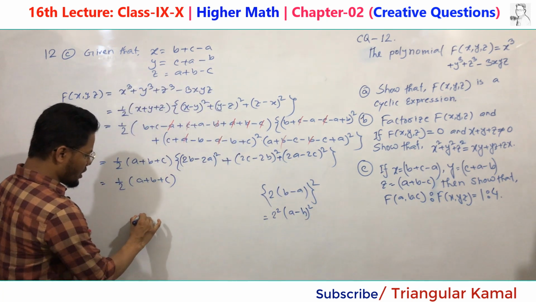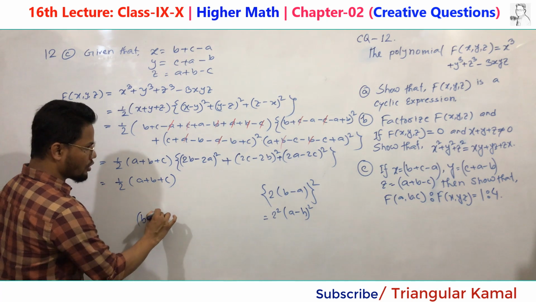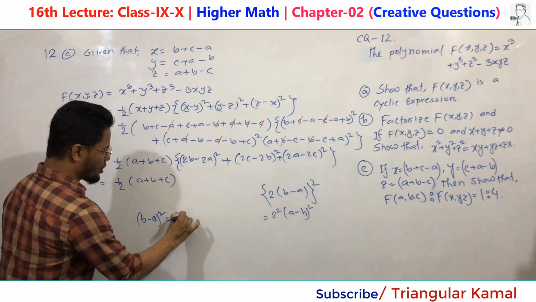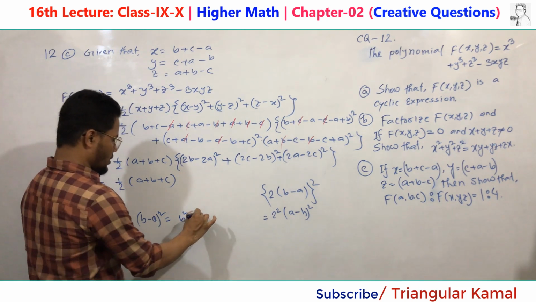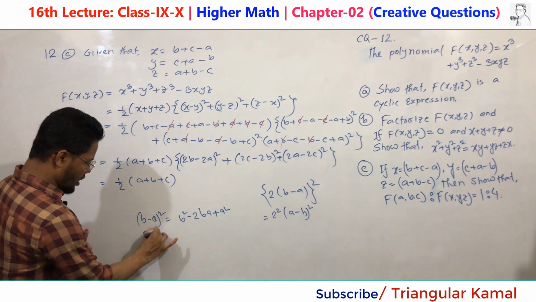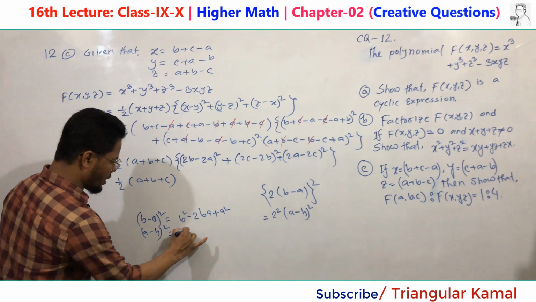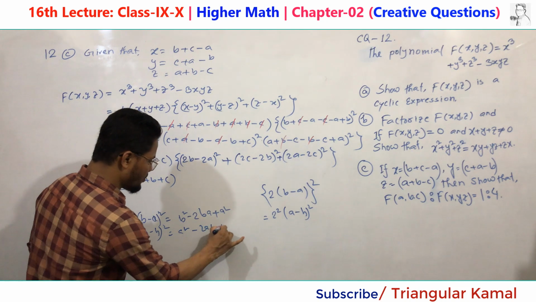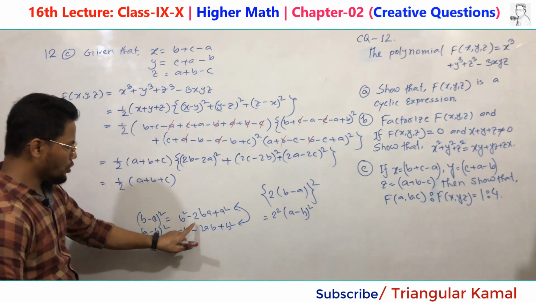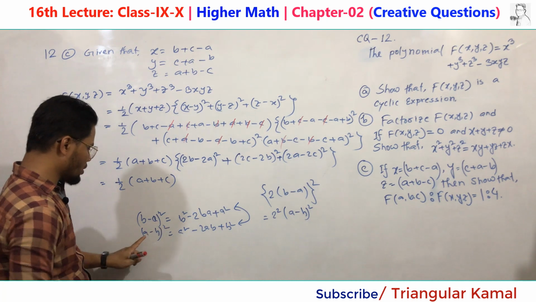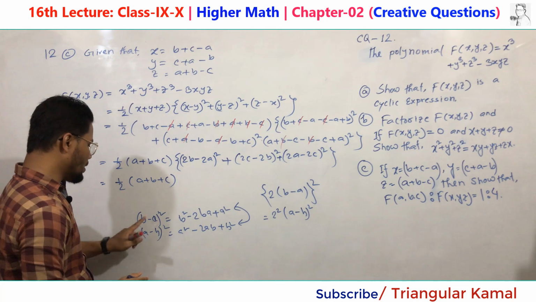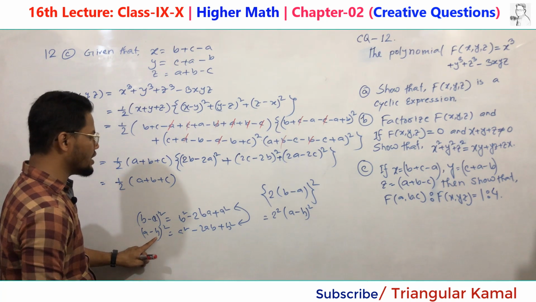Like if you write b minus a whole square equal b square minus twice ba plus a square, and a minus b whole square equal a square minus twice ab plus b square. Just give attention, both are same. The total value of b minus a whole square equal a minus b whole square. That's why in time of b minus a we can write here a minus b.